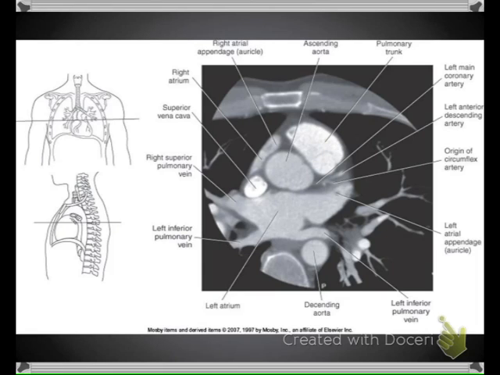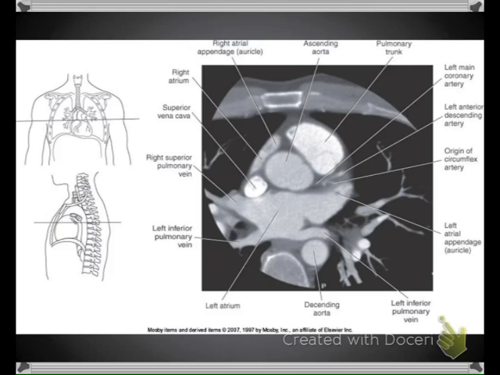Okay, this image actually becomes a little more complex. Just notice the location here. In reference to our side images on your left, we do see that we are up a little higher going towards the base of the heart. And we do see several things here. We have the superior vena cava here, which is incredibly white, which really indicates to us that there is a contrast bolus being pushed here, and it's actually dumping into the right atrium.